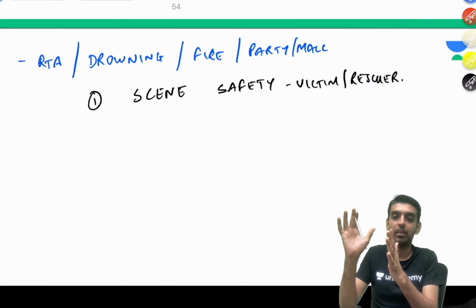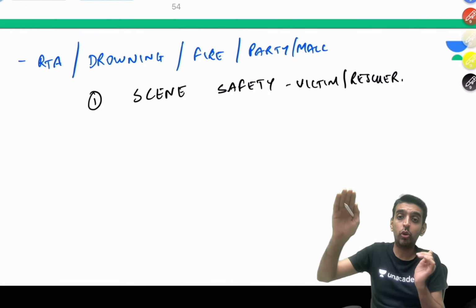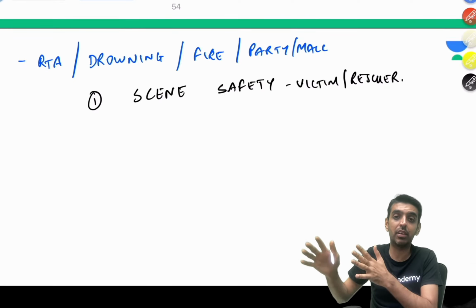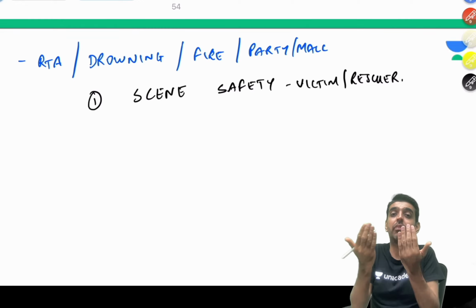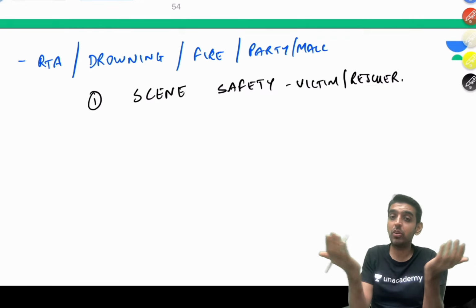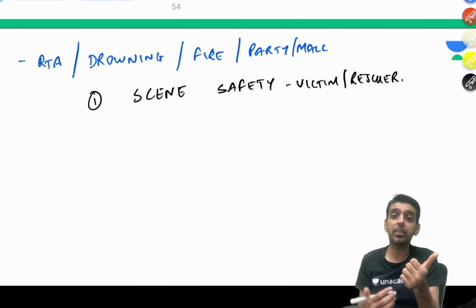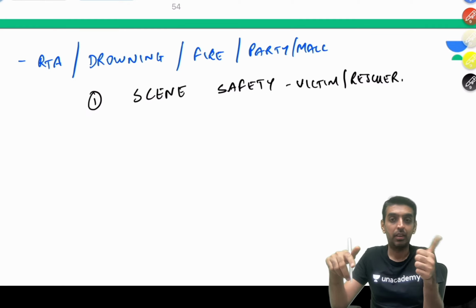Suppose it is a fire in the building, as we have discussed in your scenario. Will you go into that apartment where the fire is and try to resuscitate the patient there itself? No, right? You will take that victim out to the ground where there is no fire, then you will start resuscitating. Will you resuscitate a patient right in the middle of the road where a road traffic accident has happened?